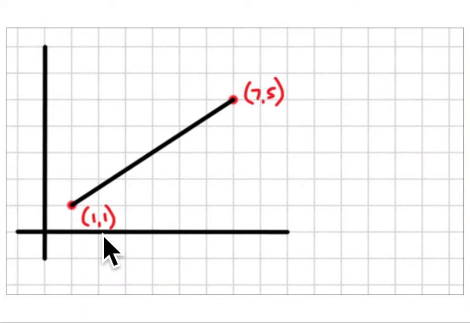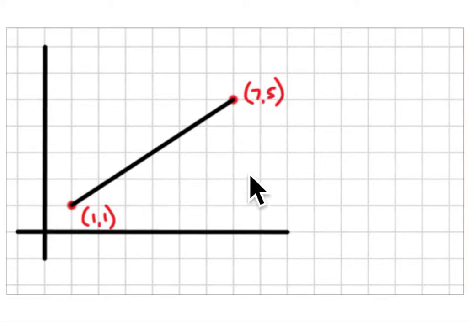I'm going to show you mathematically in a moment how to do this, but you can check your answers simply by counting. The slope is the ratio of the vertical length, 1, 2, 3, 4, to the horizontal length, 1, 2, 3, 4, 5, 6.